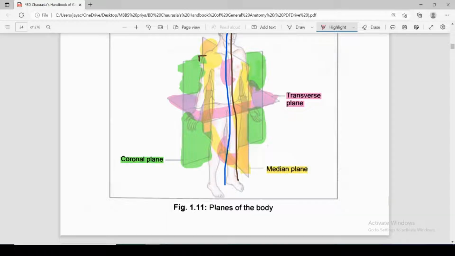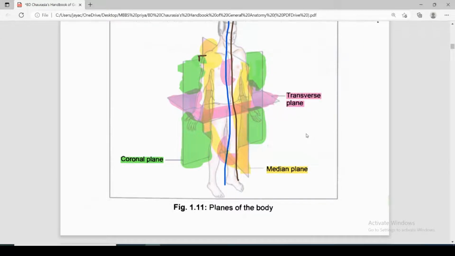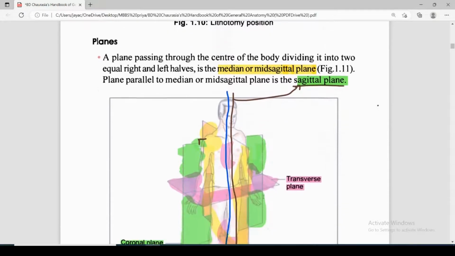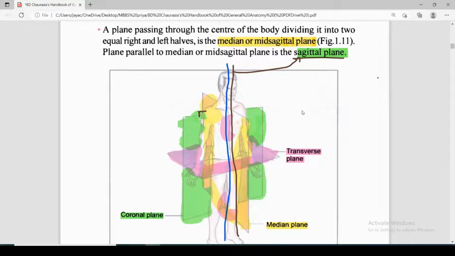Transverse plane. Once again, I will say what are the planes. So first one is the median plane. When a plane divides the body into equal right and left half, it is called the median plane. And the plane which is parallel to the median plane is called the sagittal plane.